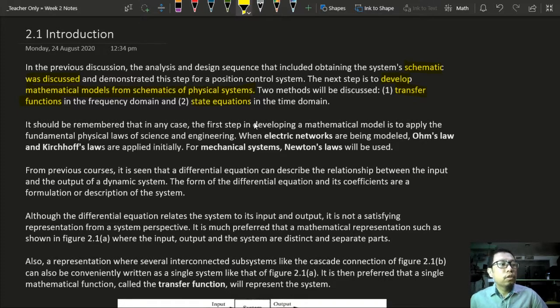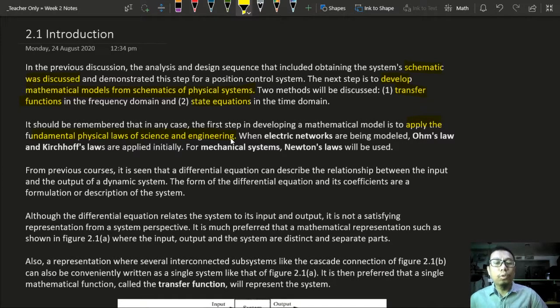Okay? So, it should be remembered na either gumamit tayo ng transfer function or ng state equations. We always start with applying, okay, the fundamental physical laws of science and engineering that is applicable dun sa system na ina-analyze natin.